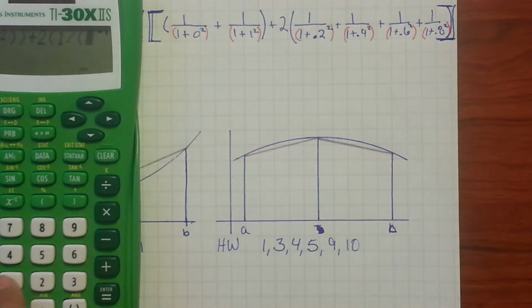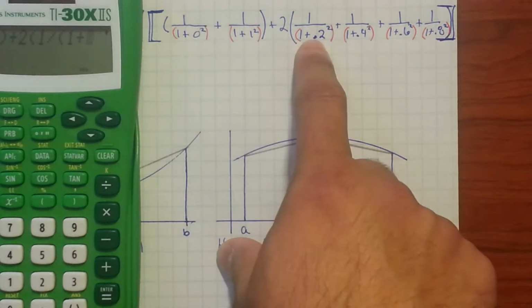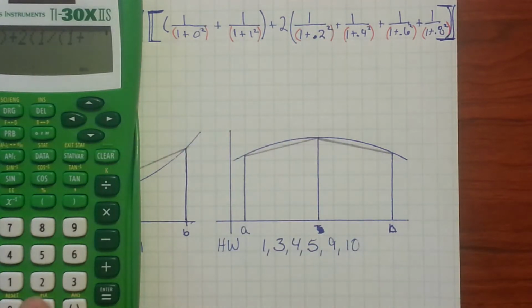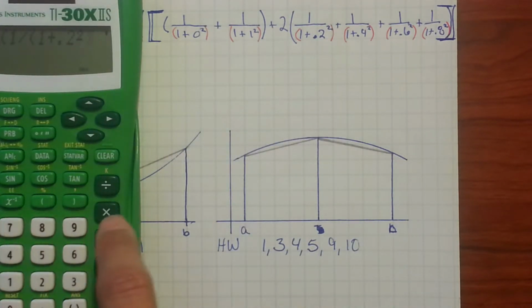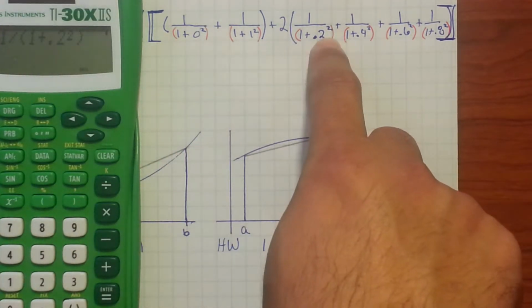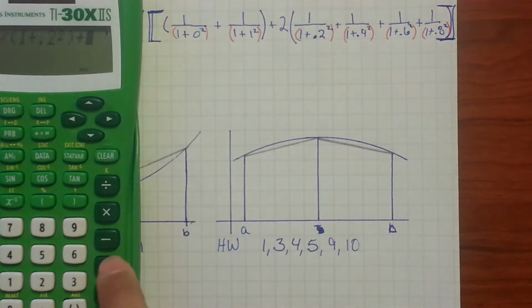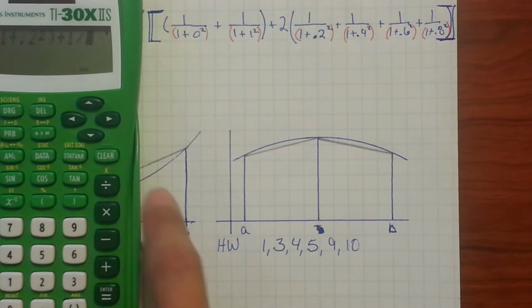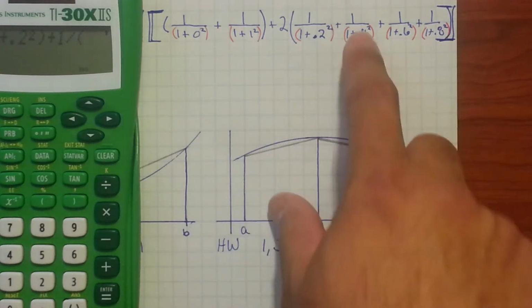1 plus 0.2 squared, close, that took care of that, plus 1 divided by open.